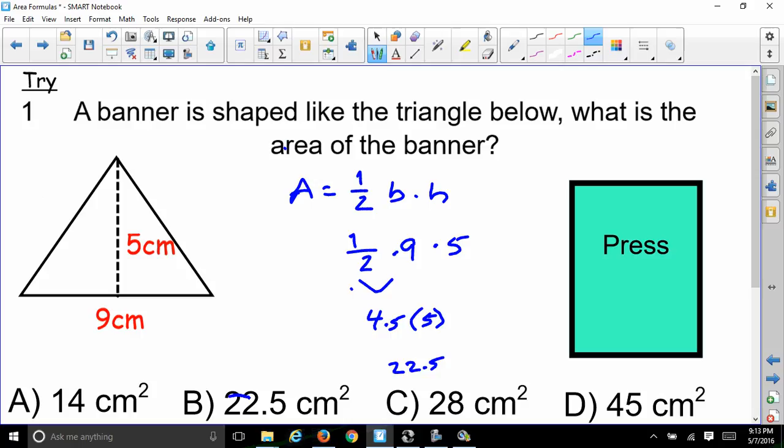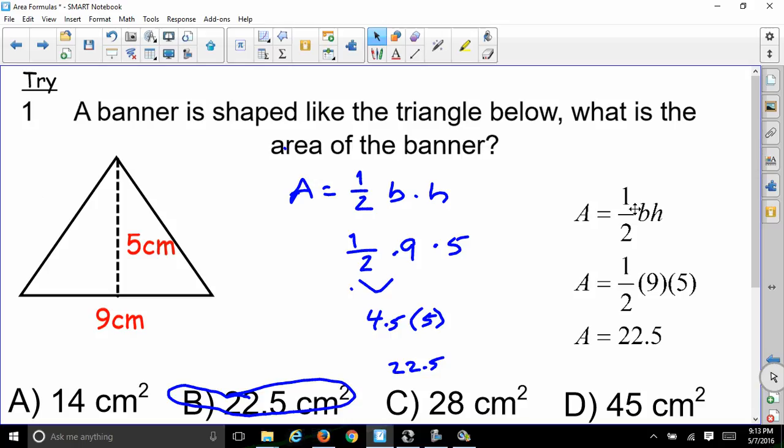So I will go with choice B, 22.5 centimeters squared, or square centimeters. So again, the formula is 1/2 base times height, so 1/2 times 9 times 5. So that will give us 22.5. All right, that's a good question.